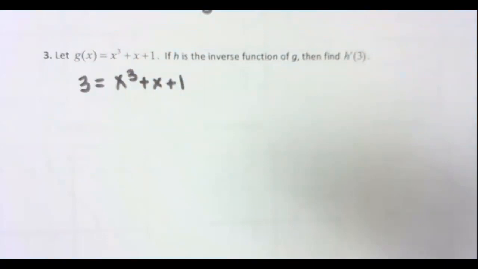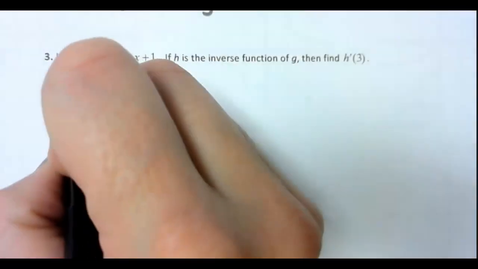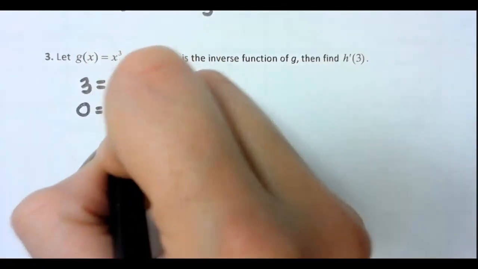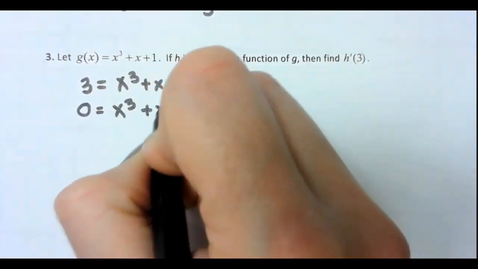Because if h and g are inverses, h prime of 3 is like saying g of x equals 3. So we get 0 equals x cubed plus x minus 2.